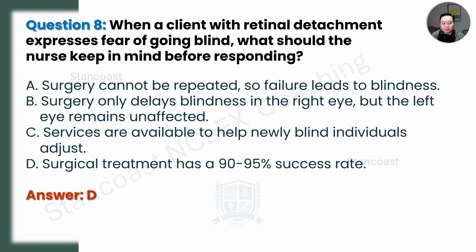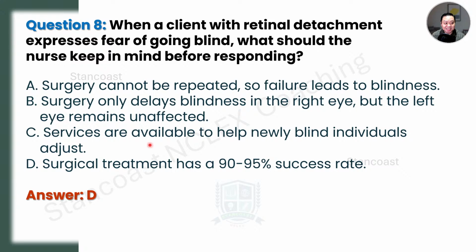There are other opportunities for additional intervention. So eliminating letter A this time. If you selected letter B, surgery only delays blindness in the right eye, but the left eye remains unaffected. This misrepresents the goal of surgery because the purpose of the surgery is to prevent blindness in the affected eye, not merely delaying it. And we know that with a successful surgery, it can fully restore the vision. It can also stop further deterioration in the affected eye.